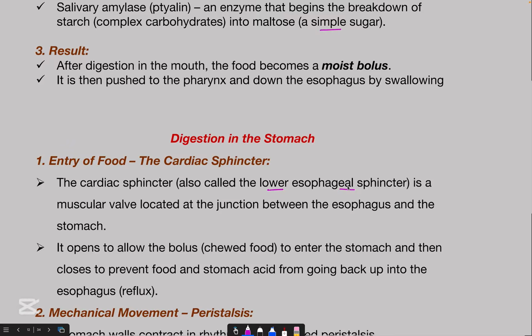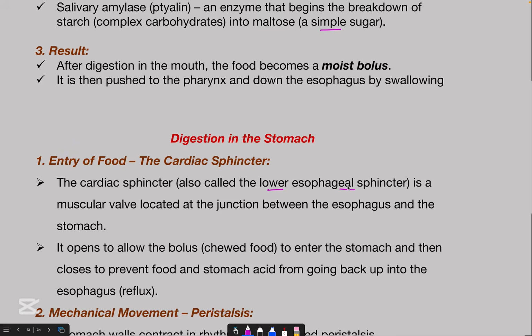Its function is to ensure that once the food passes, it closes up, so that there is no regurgitation, except in abnormal cases where some persons start regurgitating the food they've already swallowed. All right? That is the use of the sphincter. That cardiac sphincter ensures that the food passes in one direction down to the stomach without regurgitating.